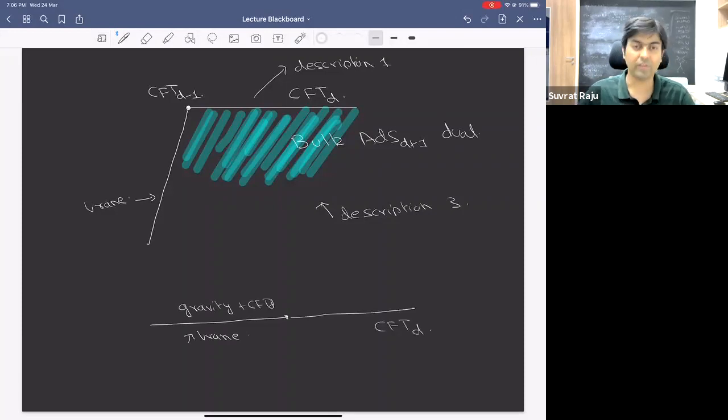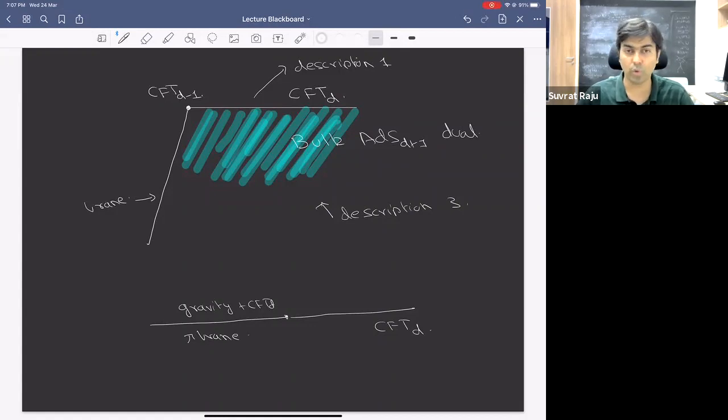So this is the description that you would get by taking the setup on top and reducing it by doing a Kaluza-Klein reduction. That's like straightening out this boundary and thinking of the brane, which is gravity plus the CFT_d, instead of the CFT_{d-1}. And that's the description 2 that we've been discussing.